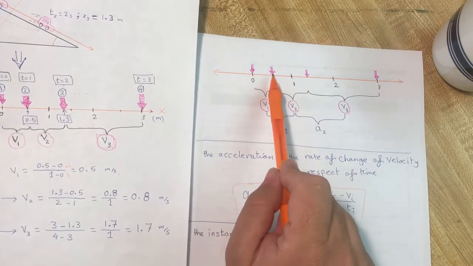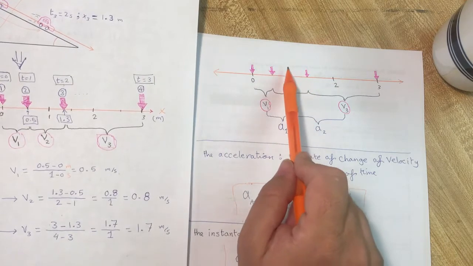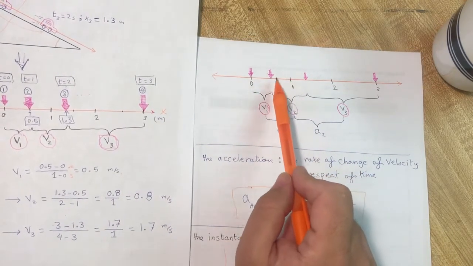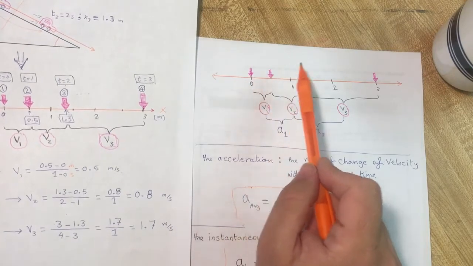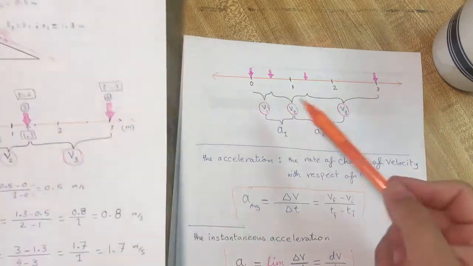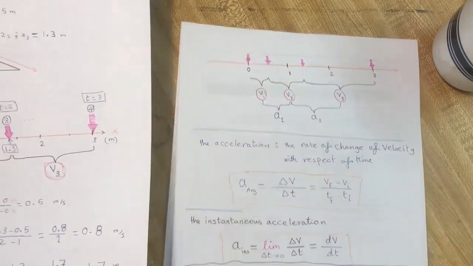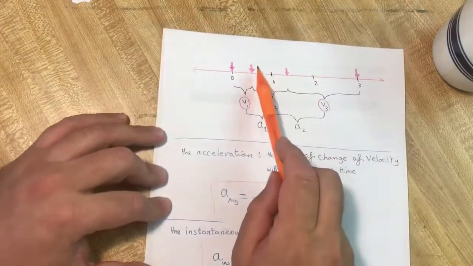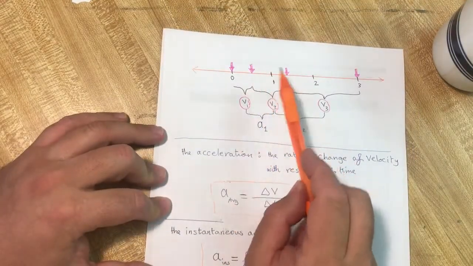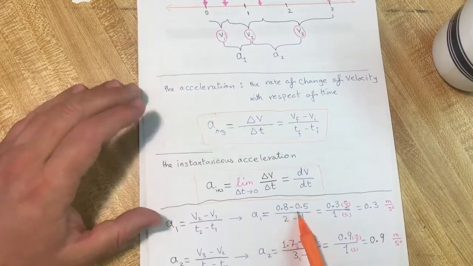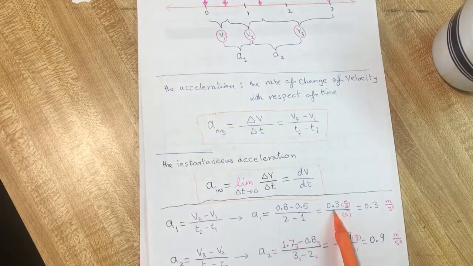We will take the average between them, so we take 1 second, 2 seconds, and the change in this period is 1 second. If we take the end of that period, 2 minus 1, it will be 0.8 minus half, which is 0.3 over 1.